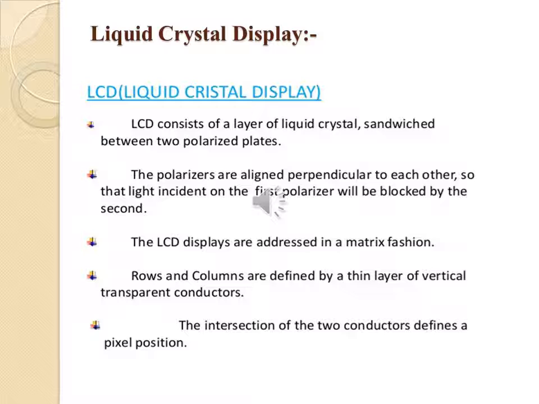The polarizers are aligned perpendicular to each other so that light incident on the first polarizer will be blocked by the second. LCD displays are addressed in a matrix fashion. Rows and columns are defined by a thin layer of vertical transparent conductors. The intersections of the two conductors define a pixel's position.